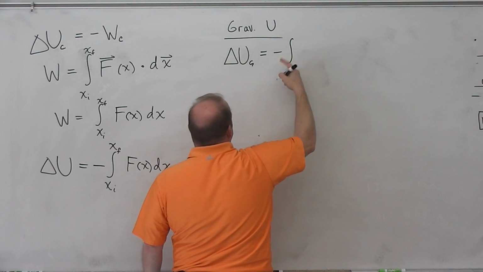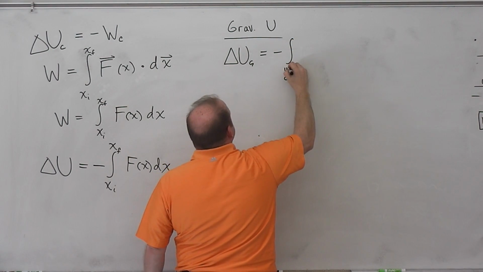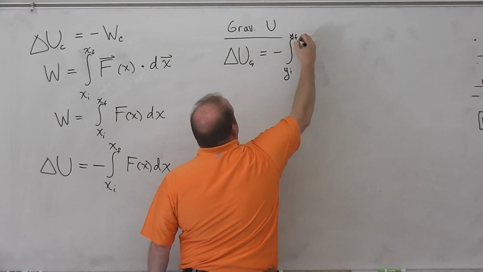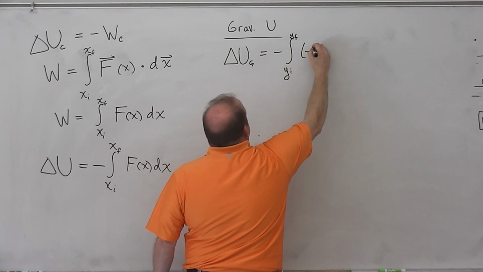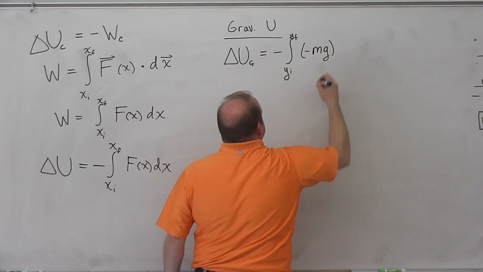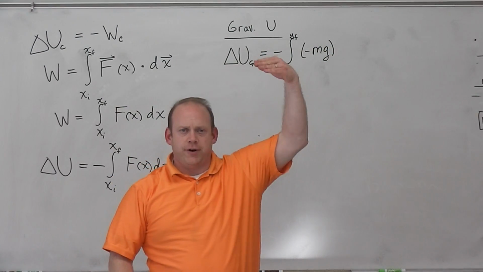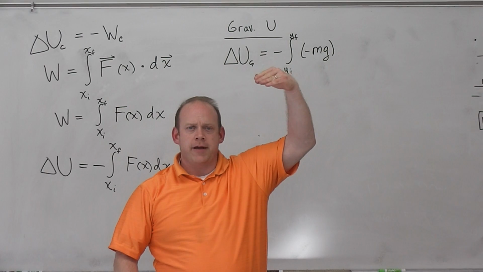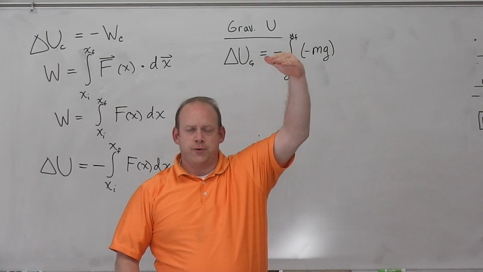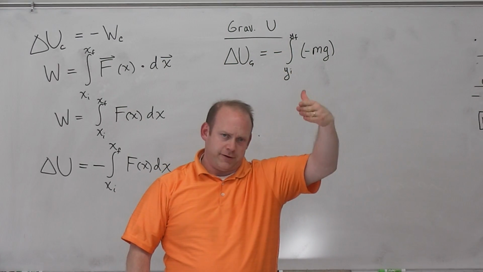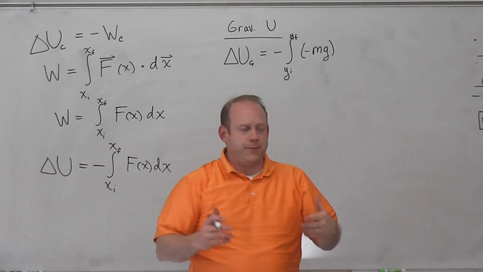negative, and instead of x, I'm going to call it y initial to y final, of negative mg, and it's negative because we're going to say as you increase in height, y is going to get larger. So anything that's pointed down has to be negative.